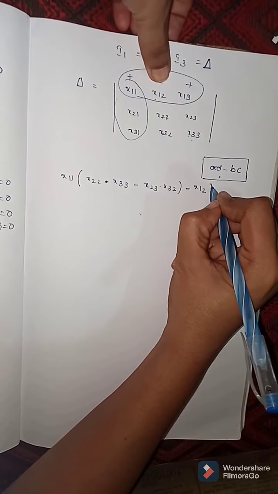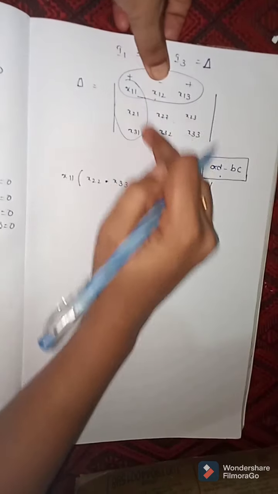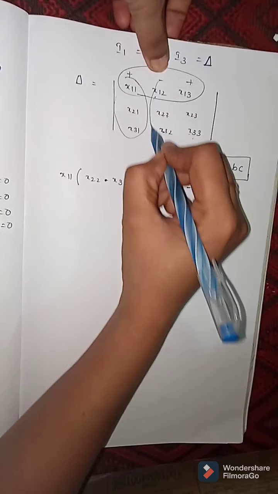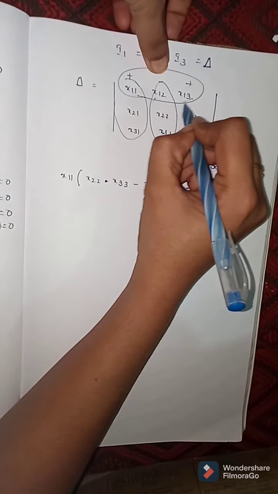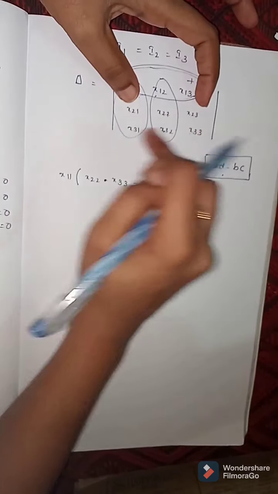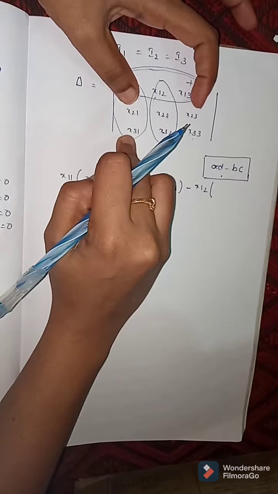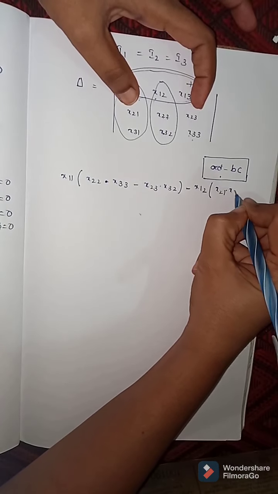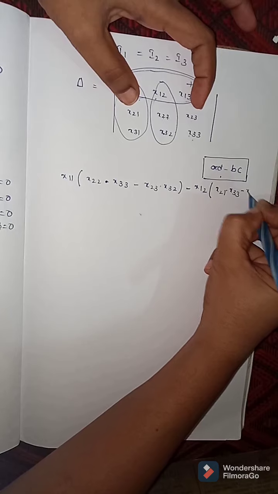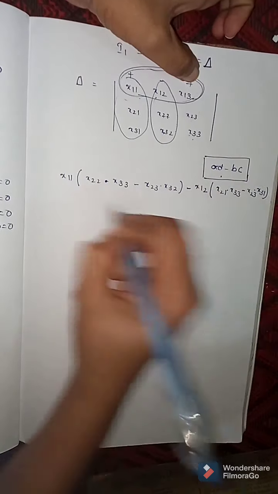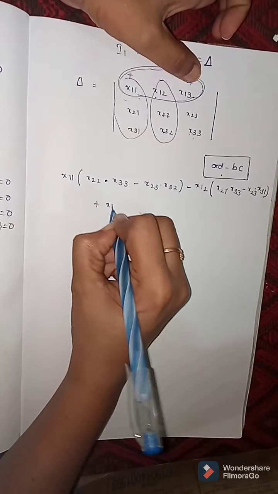So we take the second element x12, and eliminate its column and row. The remaining four terms are the same as before: x21 into x33 minus x23 into x31, plus x13.